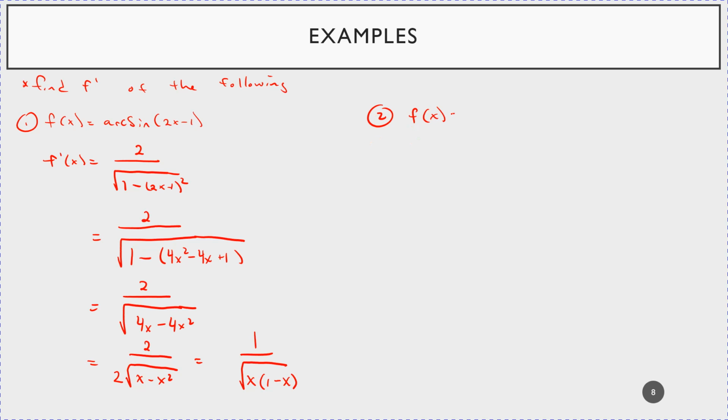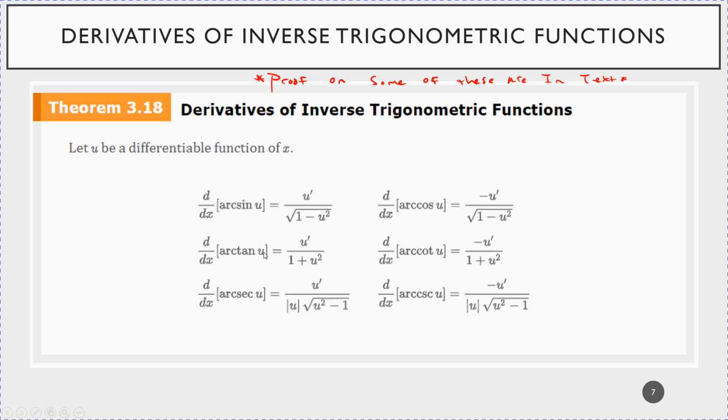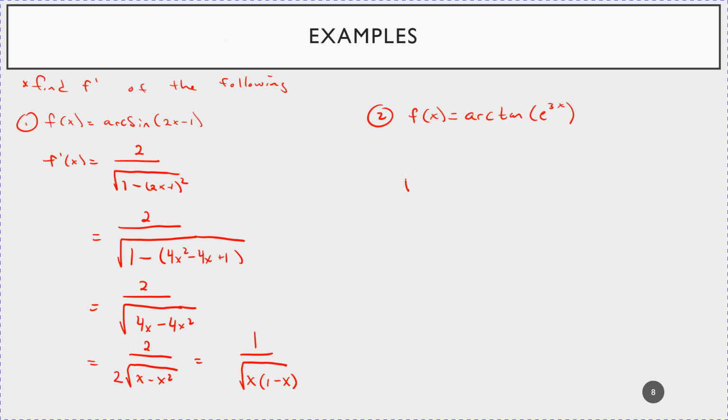Let's look at f of x is equal to arc tangent of e to the 3x. Okay, so all you're going to do is find the derivative of arc tan. So I'm going to use this formula. Derivative with respect to x of arc tan of u is u prime over 1 plus u squared. So what is the derivative of e to the 3x? Well, that's 3 e to the 3x. You have to use the chain rule there.